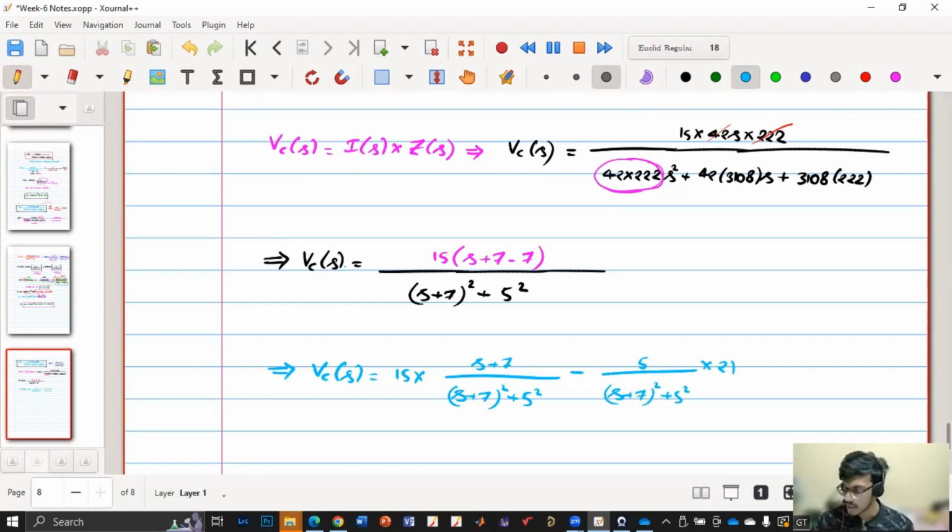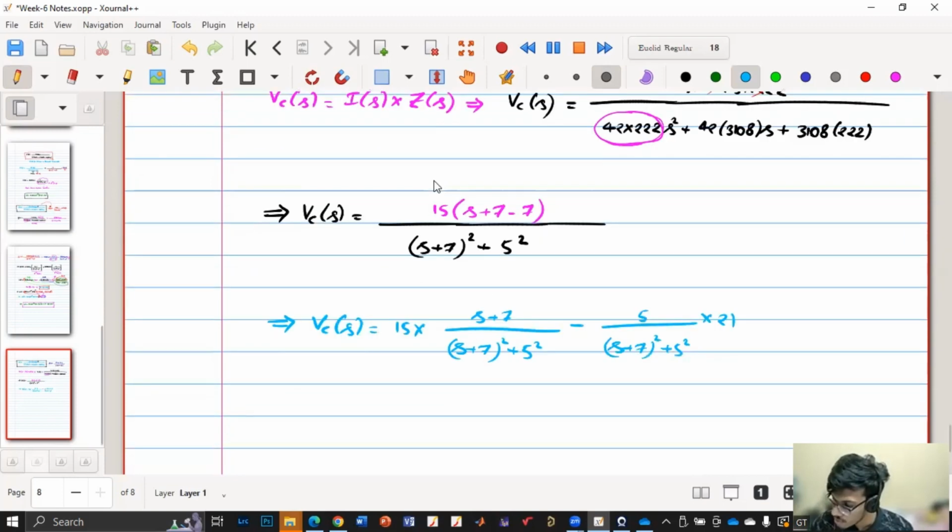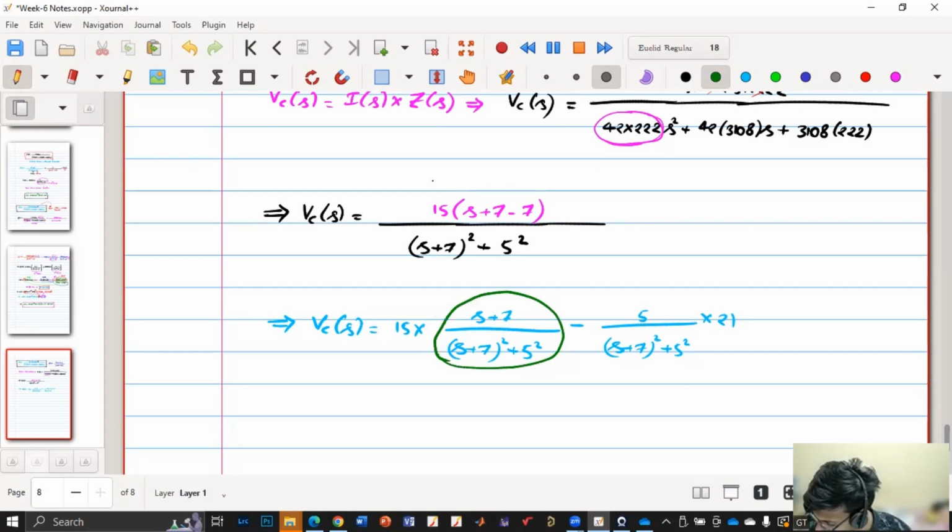So I have just written in a way so that we know this term is e to the power minus 70 cos 5t. This term is e to the power minus 70 sin 5t.